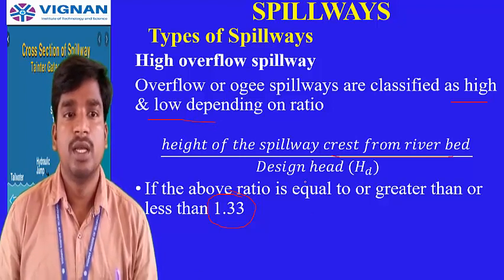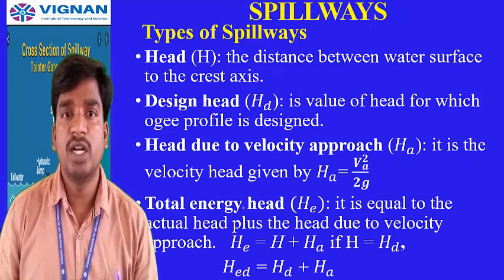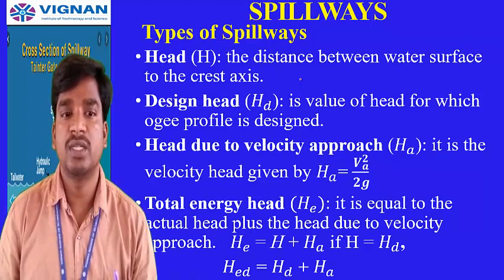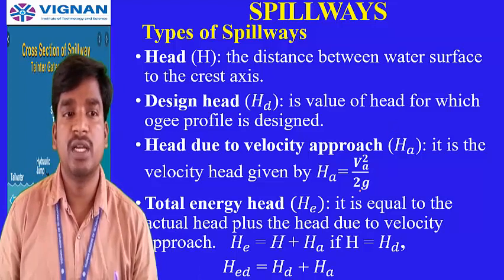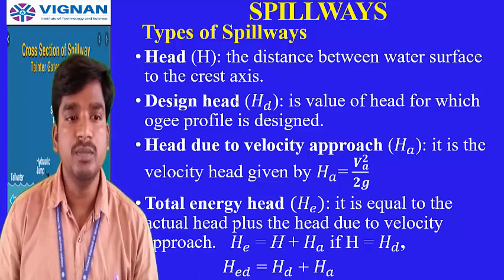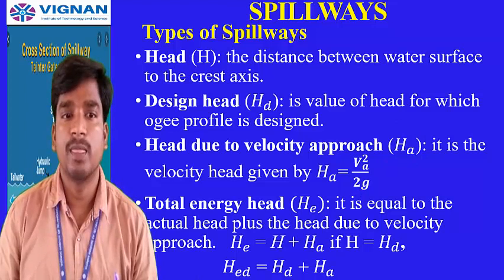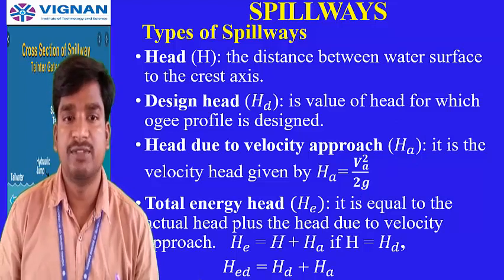Okay. Now here some important terminology you need to understand: what is head, what is design head, what is head due to velocity of approach, and total energy head. These are the different terms we use in the case of ogee spillways. Let us have a look at the head first.